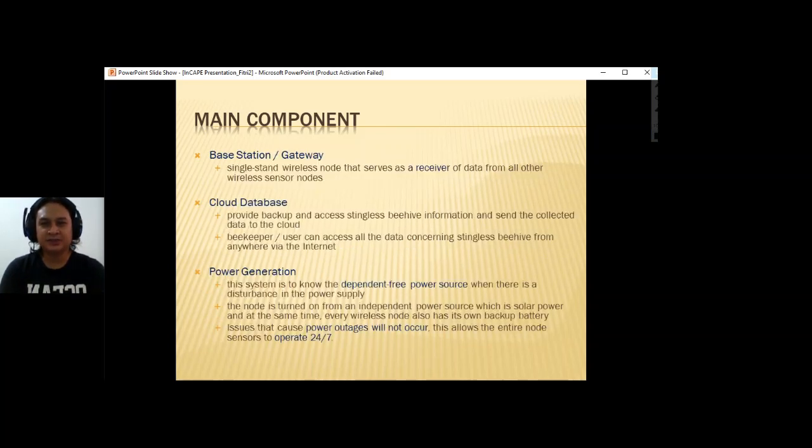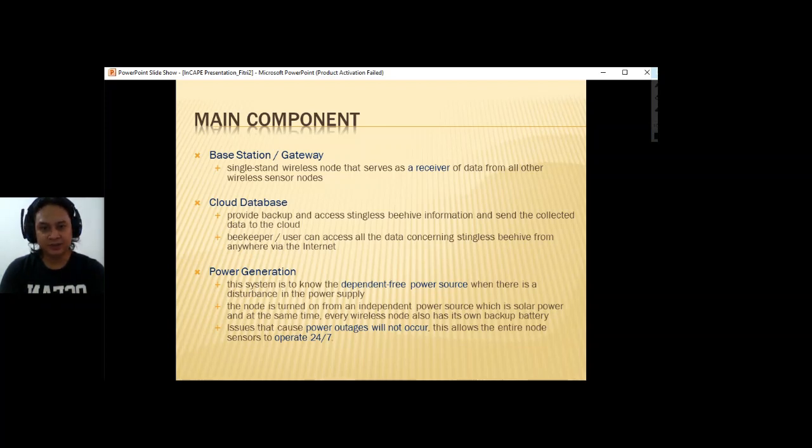Next is a base station or gateway, a single standalone wireless node that serves as a receiver. And then a cloud database provides backup and access to stingless beehive information, and the collected data is sent to the cloud. Users can access all data concerning the stingless beehive from anywhere via the internet.